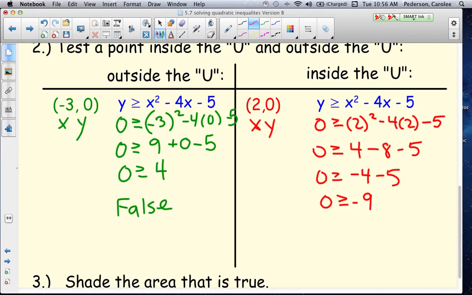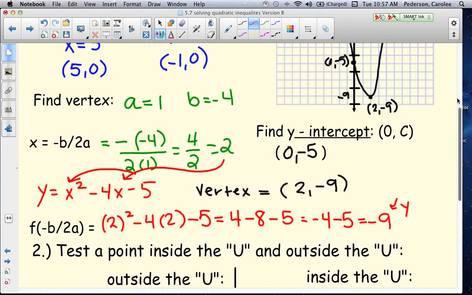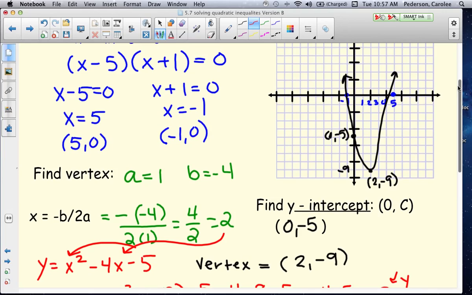Is it true that 0 is greater than or equal to -9? Yes, that's true. So the region that we're going to shade is where the ordered pair 2, 0 is, which is inside the inequality, or inside the parabola. Here is 2, 0. So we're going to shade inside the parabola. And that is the solution to this inequality.